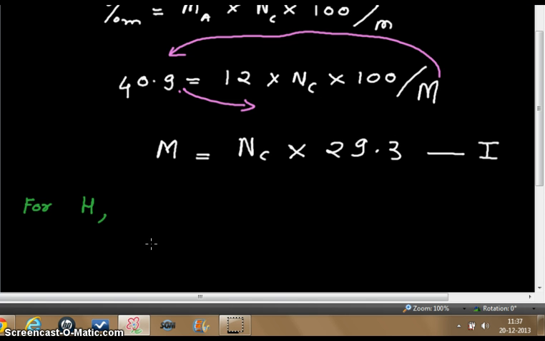In the same way, for hydrogen we have mass percentage 4.58 is equal to atomic mass of hydrogen, which is 1, into number of atoms of hydrogen in the compound, which remains as it is, into 100 divided by molar mass.